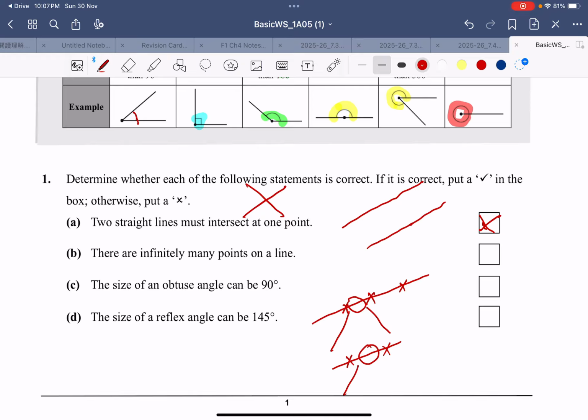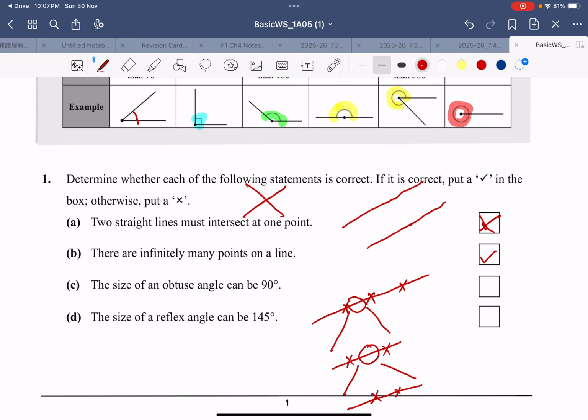Zoom in here, you have a long line, and then you have 2 points here. So you can continue and continue this process, and actually there are infinitely many points on a line.